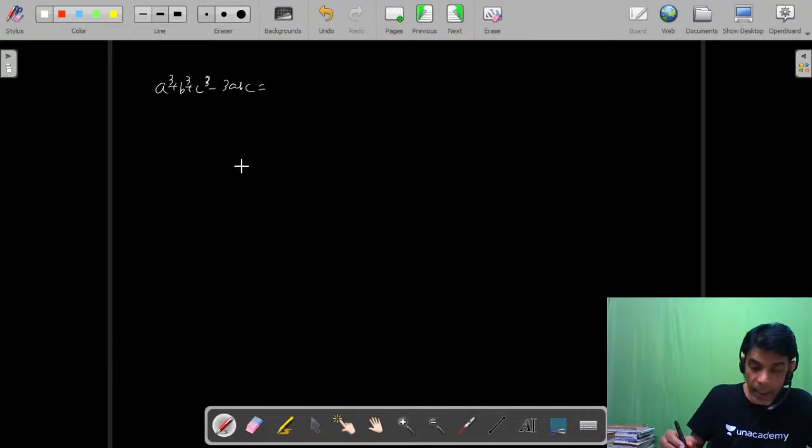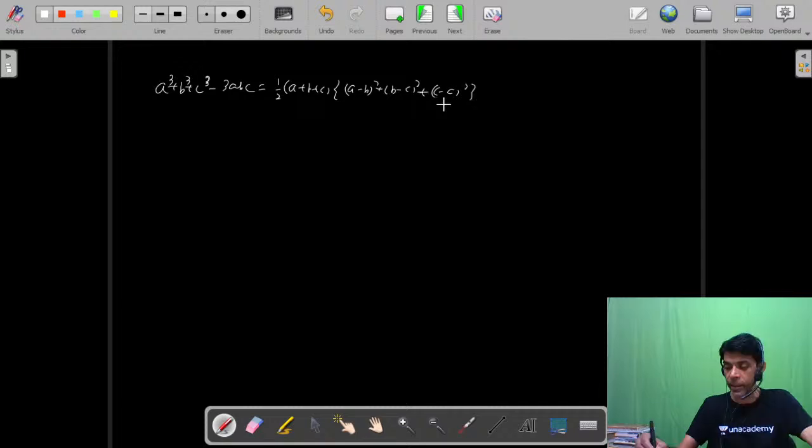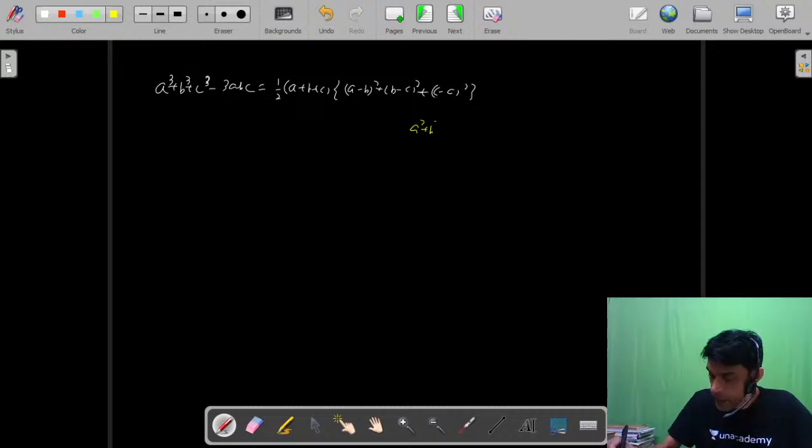So a cubed plus b cubed plus c cubed minus 3abc, I can write another way: a plus b plus c times half, and I can write this as (a minus b) whole squared plus (b minus c) whole squared plus (c minus a) whole squared. Like that you can write, because ultimately we are getting, if you remember, a squared plus b squared plus c squared, negative ab, negative bc, negative ca.